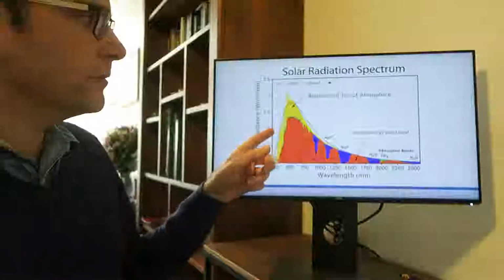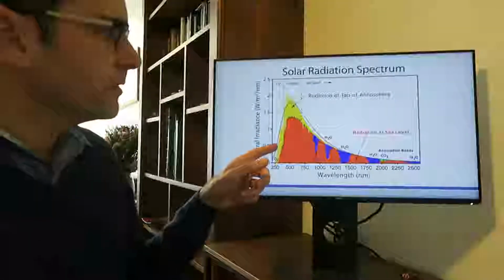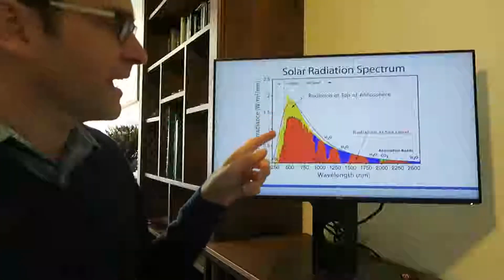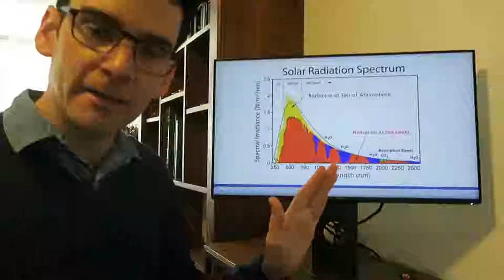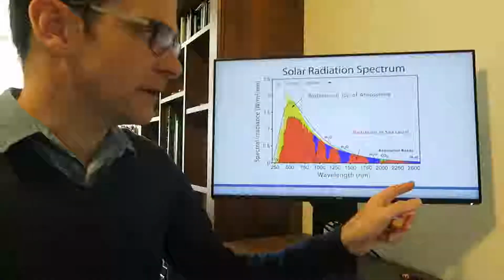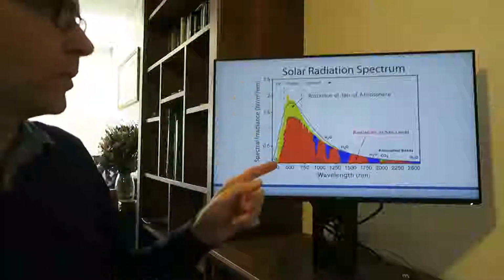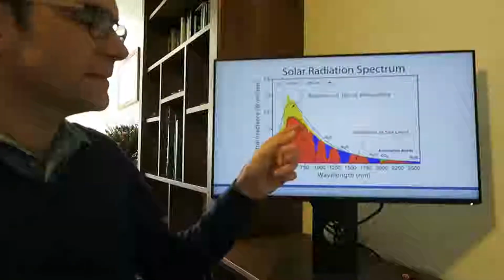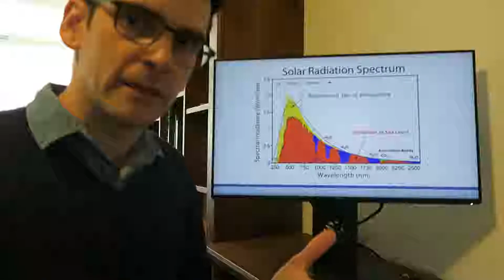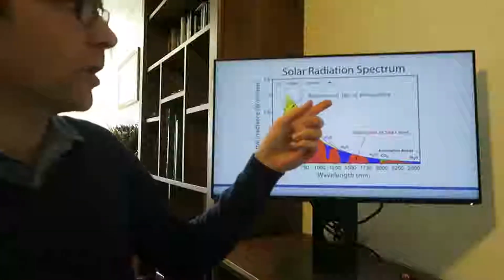If we look at this carefully, we can see that there are different colors. This yellow represents the frequency of light. So we have wavelength down here on the x-axis and the frequency of those different wavelengths on the y. And we can see that the yellow represents how much of that wavelength or that light is present at the top of the atmosphere.